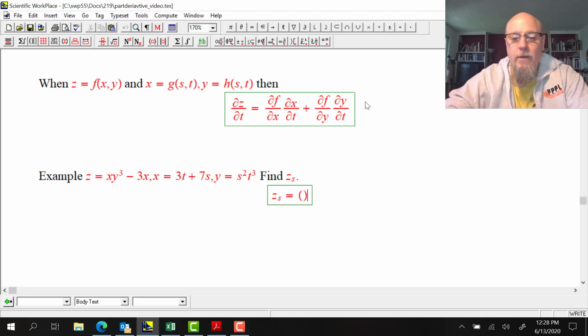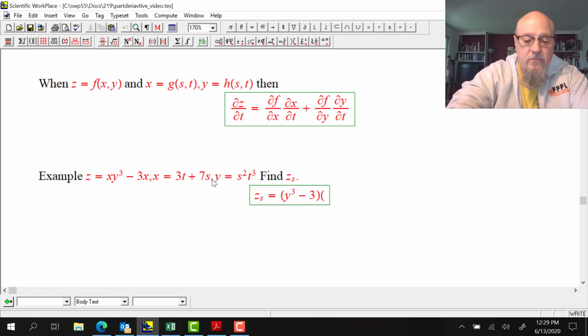The rule I wrote out with t, but we're differentiating with respect to s. So now let's differentiate this function with respect to x. That's going to be y cubed minus 3. And now x with respect to s is 7.